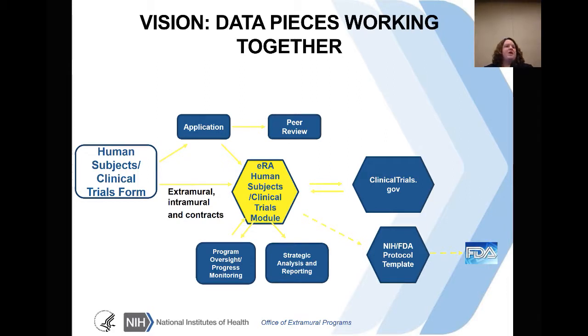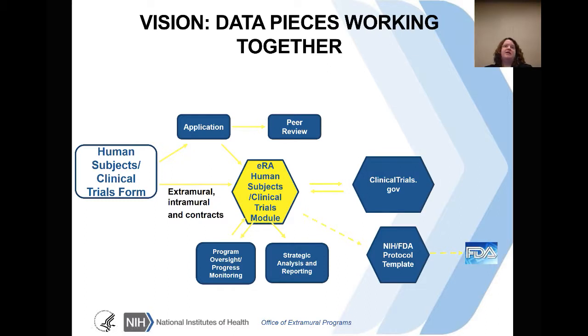So this form is just one piece of the system, and as you can see in this diagram, the vision of this system is that the form works with other pieces of the process of oversight and management of human subjects and clinical trials to get all data into one place. And this one place is here in the middle, the ERA Human Subjects and Clinical Trials module. So information from the form feeds into the module.